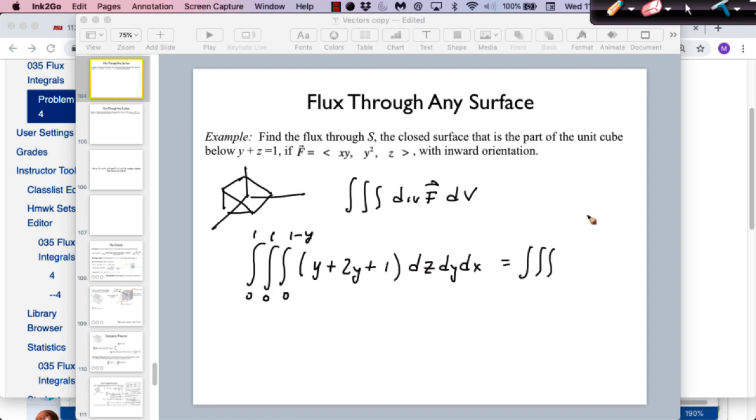So that's going to be 3y plus 1, with respect to z.